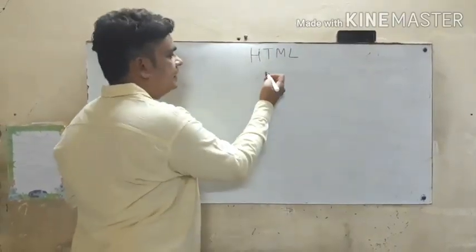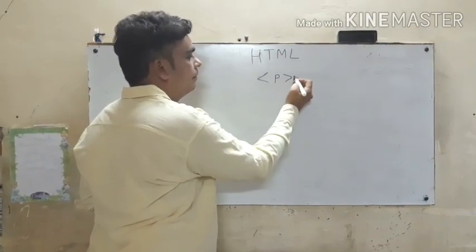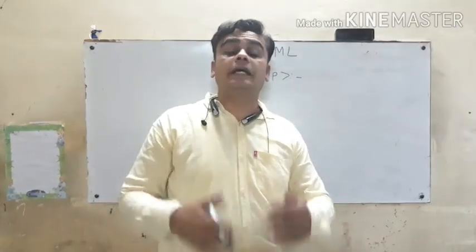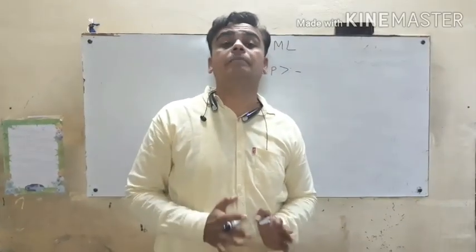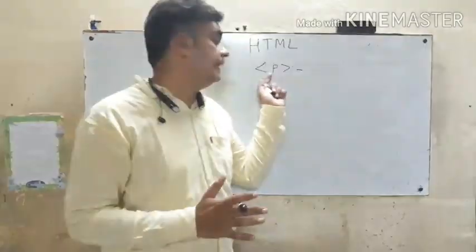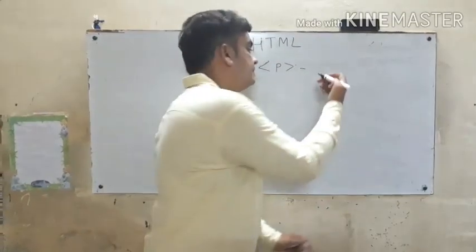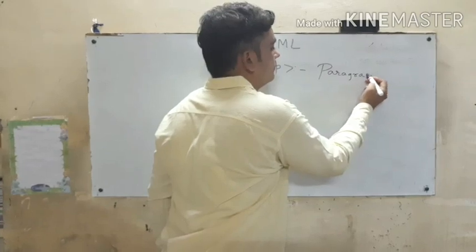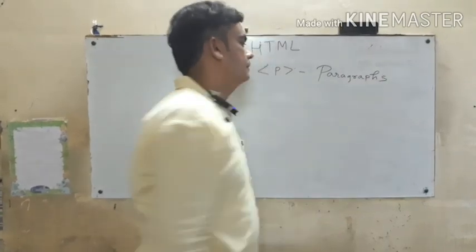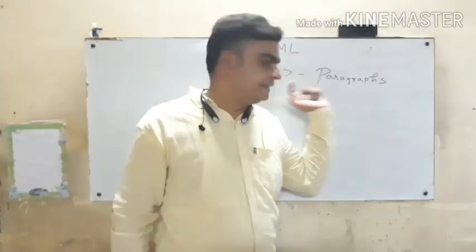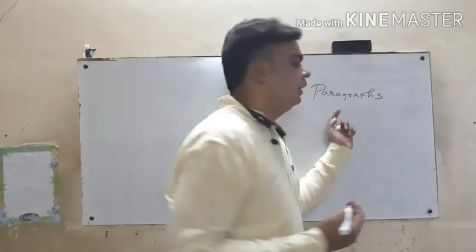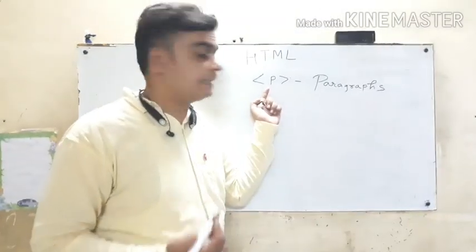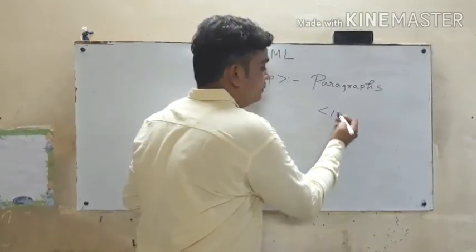Now our next tag is the P tag. Sometimes we need to write more information in our web page, so we can use the P tag. The P tag represents paragraphs. Our second point is that the P tag is a paired tag and its companion tag is /p.